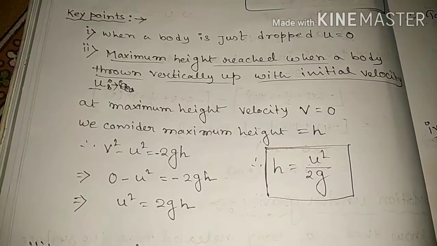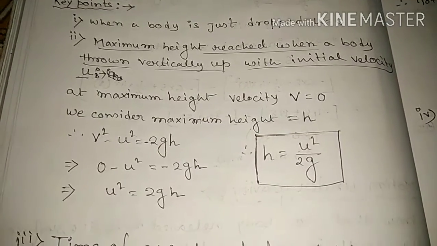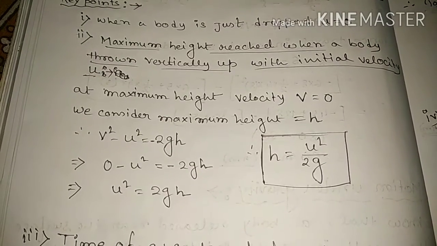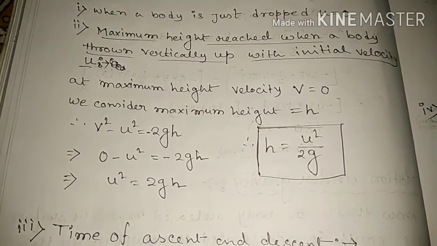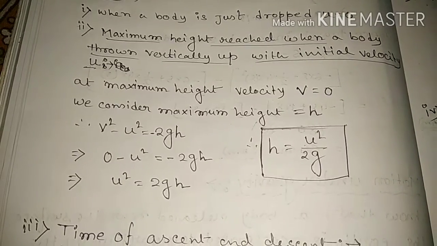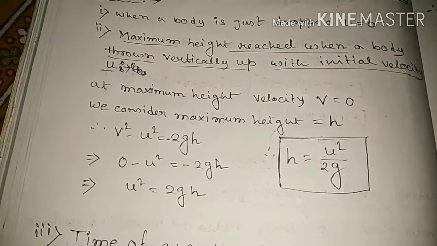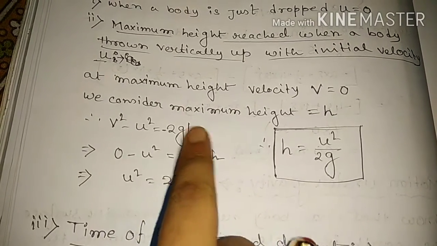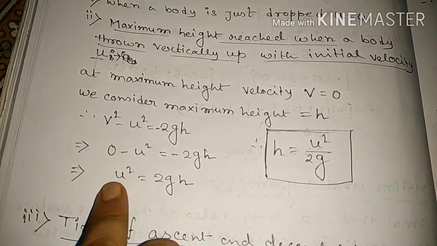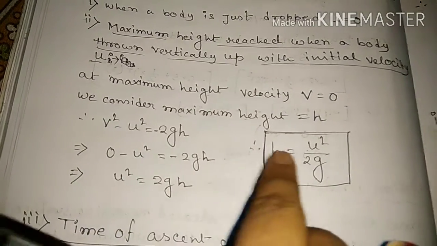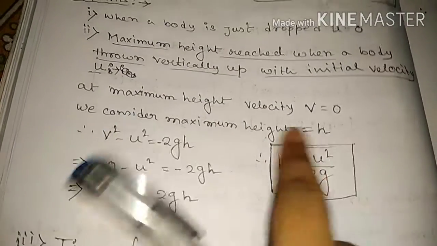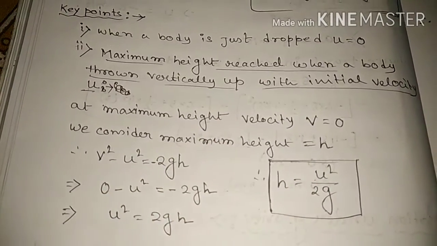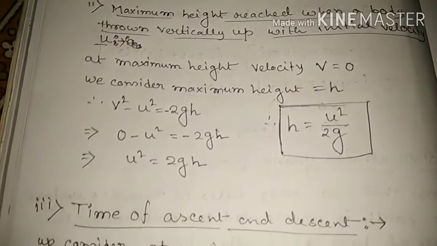At maximum height, the velocity is 0 because it comes to rest, so v equals 0, and we consider the maximum height to be h. From the third equation of motion, because it is vertically upward, g is negative, so we write v squared equals u squared minus 2gh. V is 0, so u squared equals 2gh and h equals u squared by 2g. This is the maximum height reached when a body is thrown vertically up with the initial velocity.